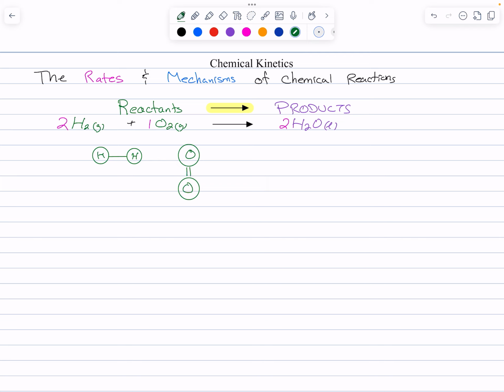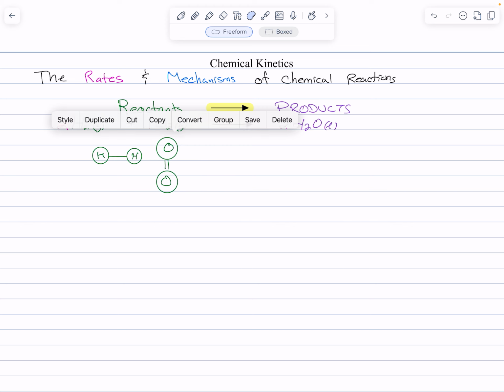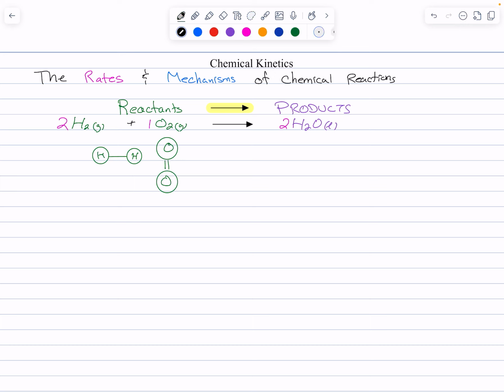And in order for this to react, H2 and O2 to react, what do they have to do? They're going to have to collide with one another, if that makes sense, right? Somehow we're going to collide. Now, a little foreshadowing: no matter how oxygen and hydrogen hit, you're going to get O and H meeting, so the orientation of this collision is not very important, but they must collide to react.